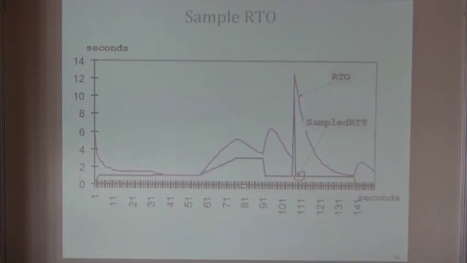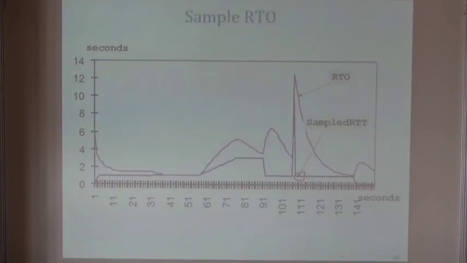Here's an example of what happens when we have some variability in the round-trip time. This variability will happen a lot because servers are largely unpredictable. This is the value that we measure, and say one value was very large, and the pink curve is the RTO, the result of all this.